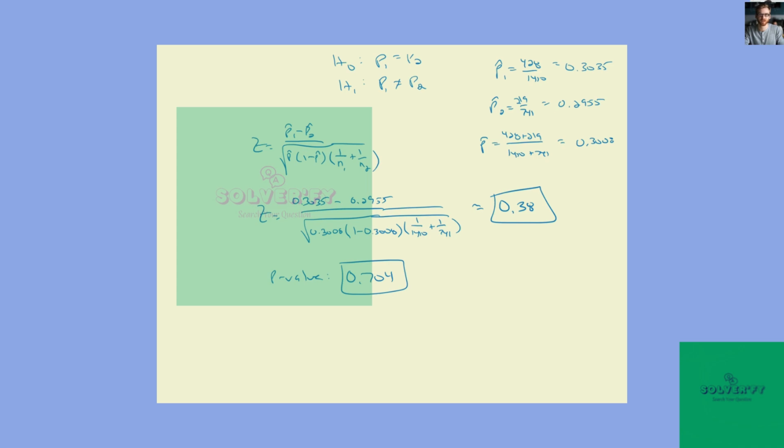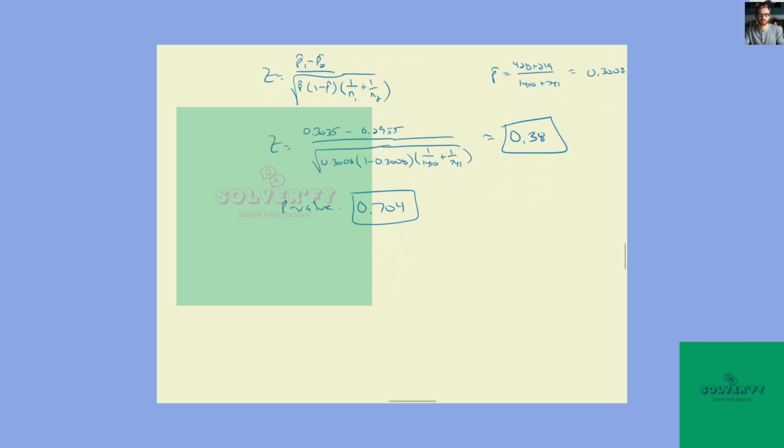So the p-value is definitely greater than our significance, so we fail to reject the null hypothesis. There's not sufficient evidence to warrant the rejection of the claim that women and men have equal success in challenging calls.